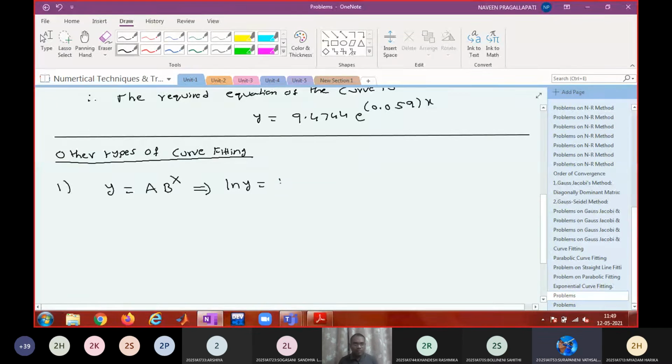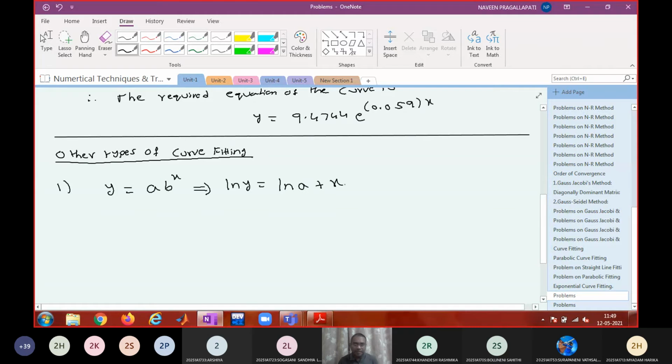Log y equals log a plus log b power x, right? What is log b power x? x log b. Am I right? Let me write small letters only, so that you will have some uniformity. So this will be log a plus x log b.